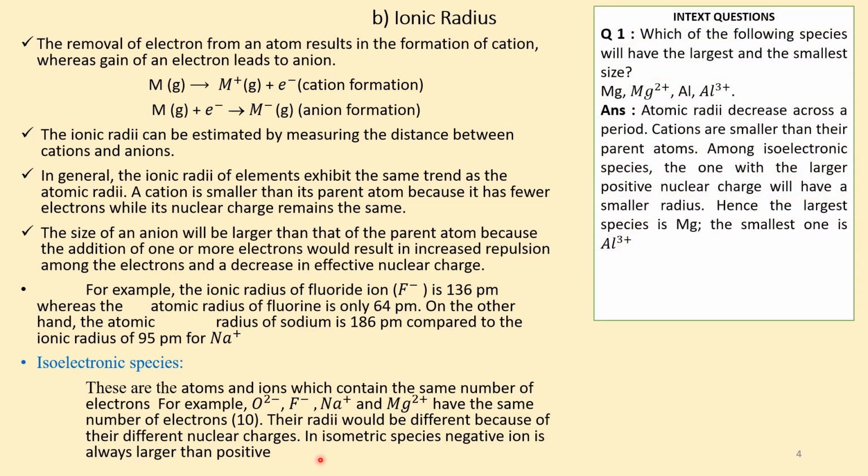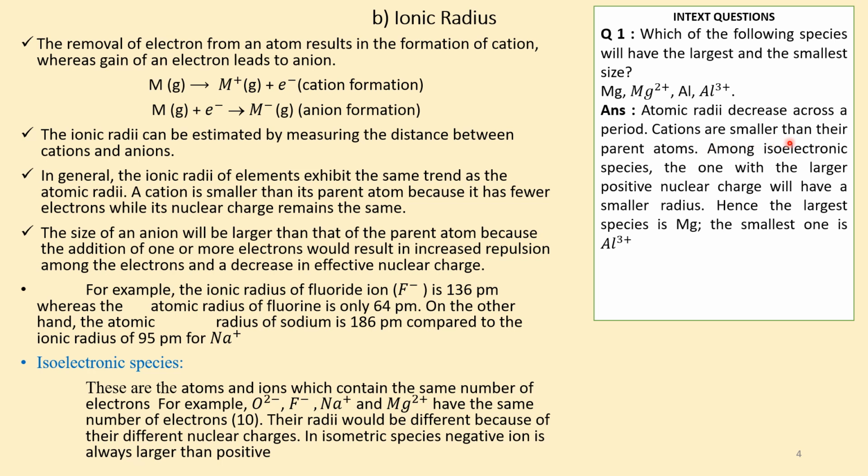Let us answer one question. Which of the following species will have the largest and the smallest size? Mg, Mg2 plus, Al and Al3 plus. Answer: we know that the atomic radii decrease across a period.